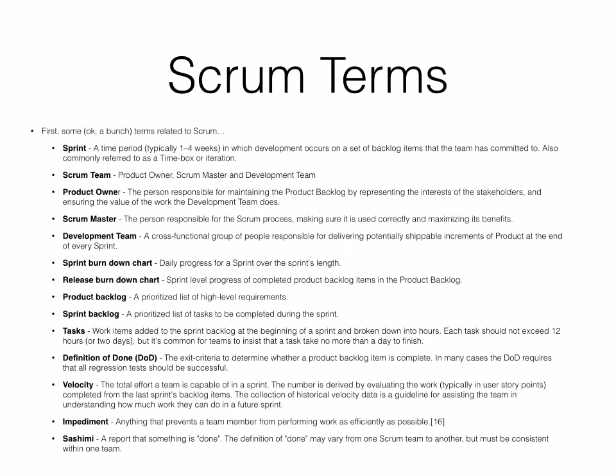Some other terms that are important for Scrum: you need a definition of what it means to have a task done. This is the exit criteria to determine whether a product backlog item or sprint backlog item is complete. In many cases, the definition of done requires that tests should be successful.